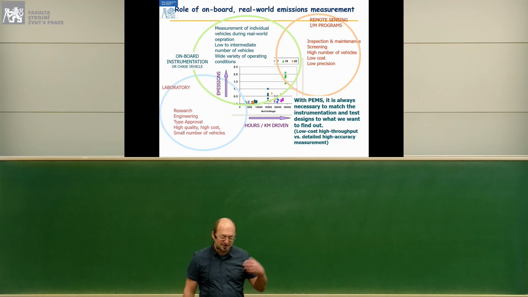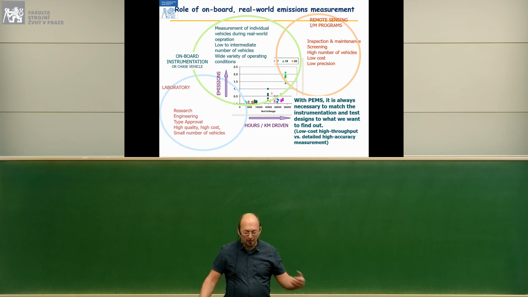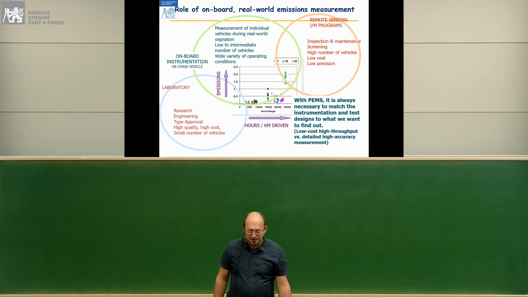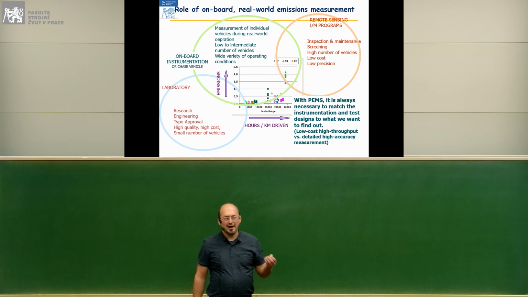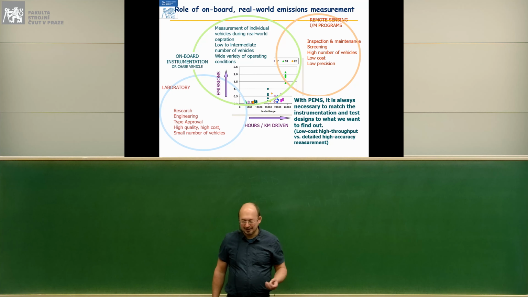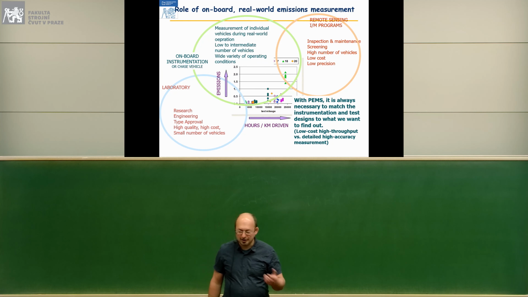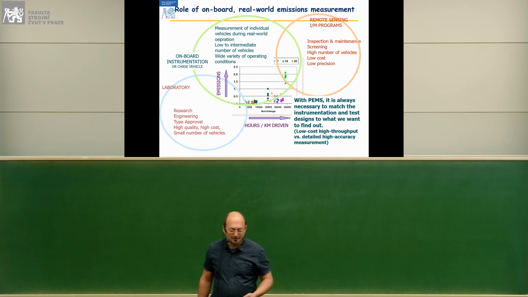So now we are expanding to the whole vehicle useful life and to realistic operating conditions. So that's to ensure adequate design and calibration of the engines, including exhaust aftertreatment.